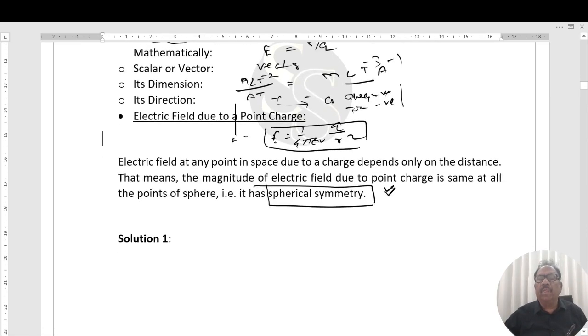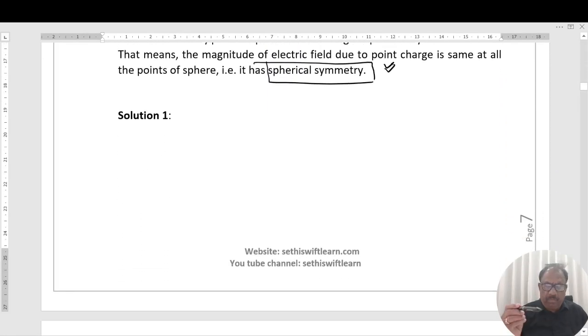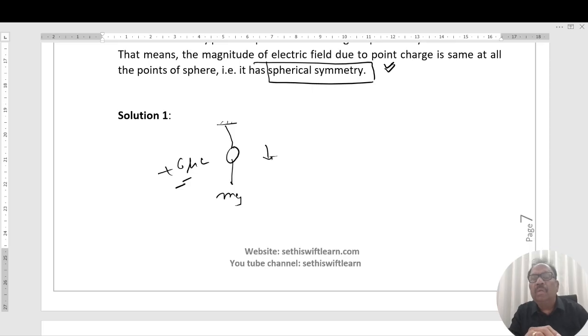Electric field due to a point charge has a spherical symmetry, right? Let's start the question. A 6 microcoulomb charge hangs from a string, with weight mg, and the electric field is acting downward. Then, what will be the tension in the string?